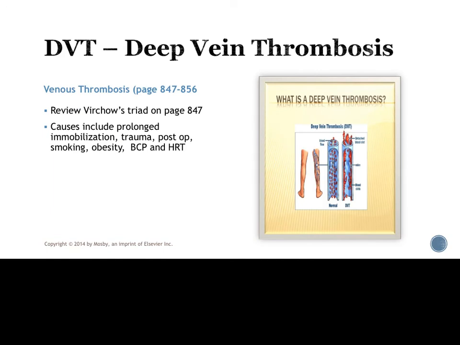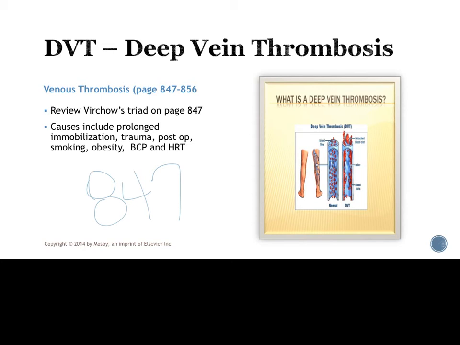Okay, guys, we are actually flipping to veins, so we're on page 847. You had this in fundamentals, so you know what's going on here is that you have a vein that has some inflammation in it. Lots and lots of reasons why a vein might become inflamed, listed on page 848.